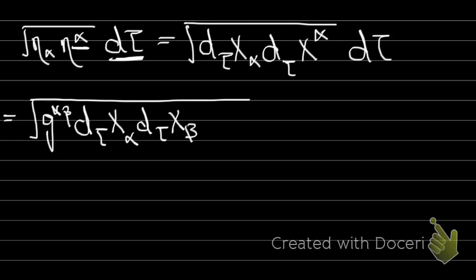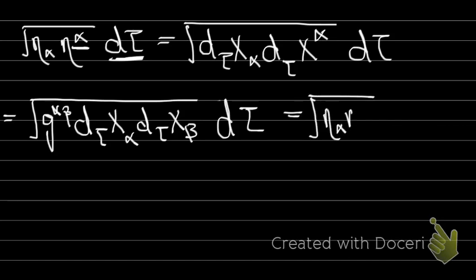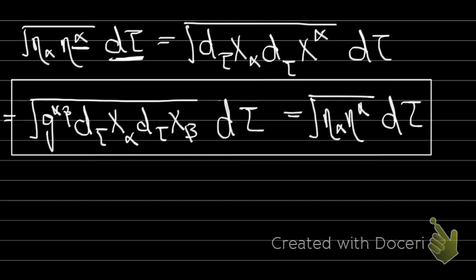Let's make the square root a bit shorter, and of course we have this proper time differential. With this definition, this is equal to the square root of eta alpha eta alpha d tau. Let's put this in a box.